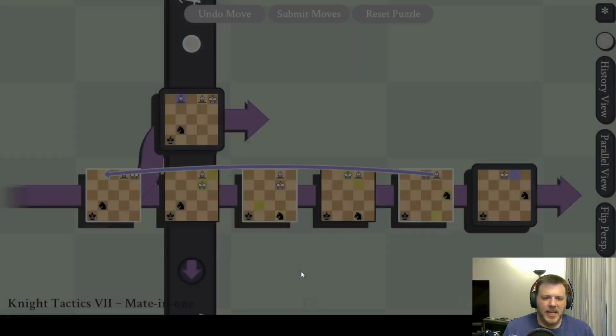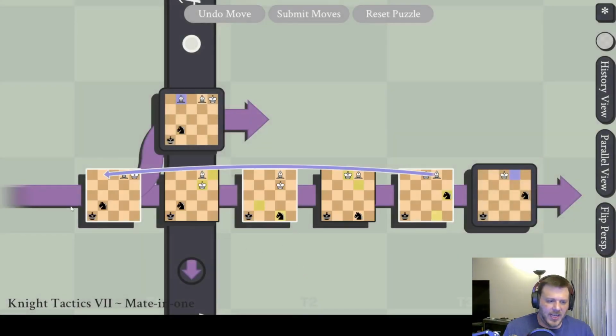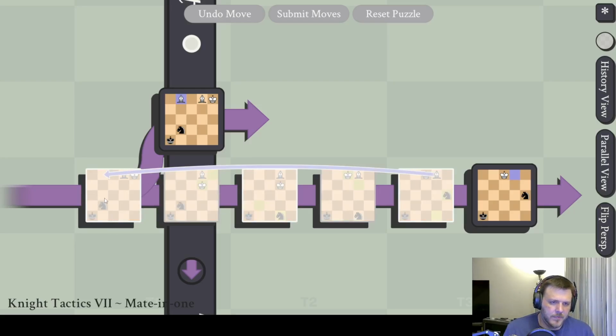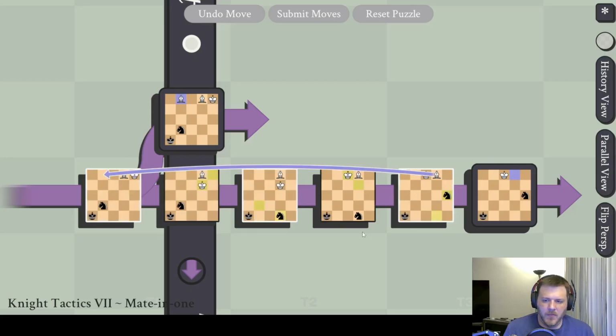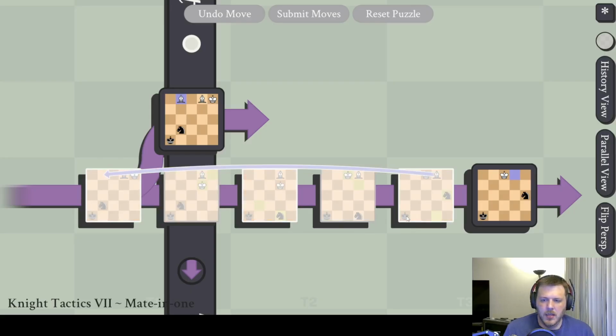Knight tactics, mate in 1. Alright, so what happened here? So king moved down. Knight moved down. King moved up. Bishop. Okay, so a bishop is moving diagonally.